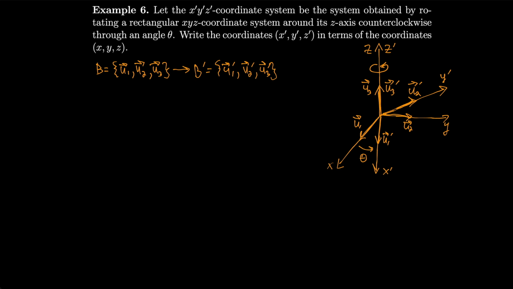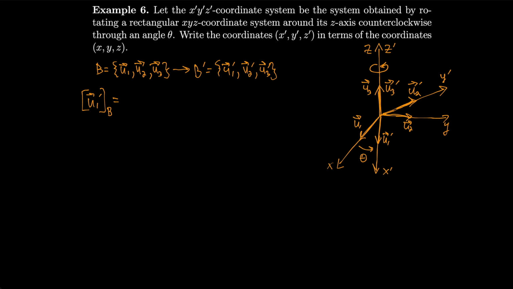So now I can use that to write the u1' in terms of B, if I want to go from B' to B, because at least in the picture I drew, it's a little bit more clear how we're going from u1 to u1'.